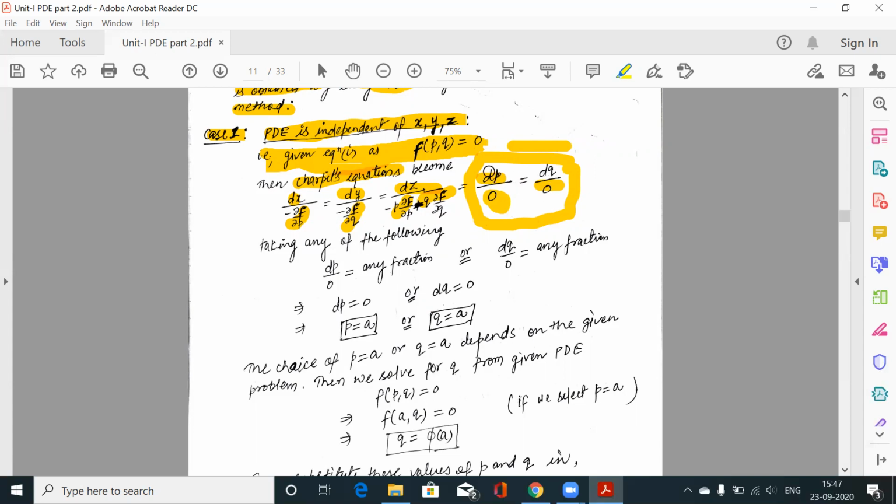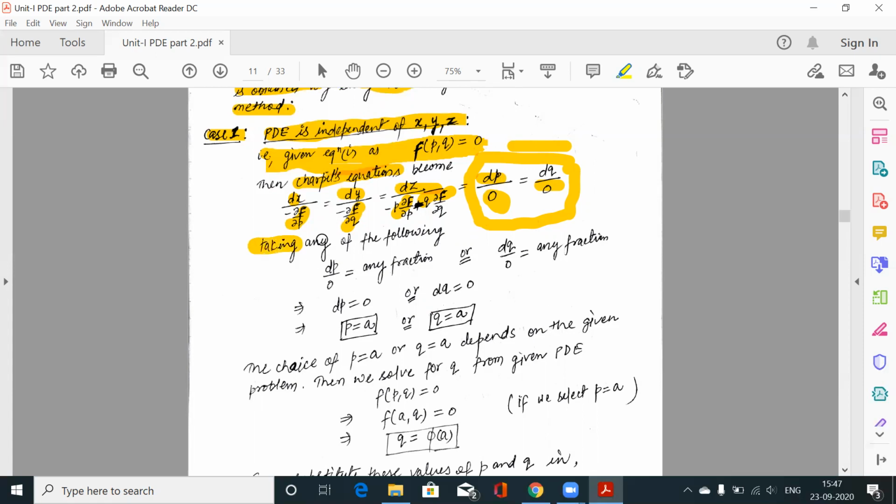If we take this dp over 0, simply by taking this fraction equal to any of the fractions, this 0 will convert that fraction to 0. So dp is equal to 0. Similarly, if we take any fraction equal to dq over 0, this 0 will again convert the fraction on the left hand side to 0. So dq is equal to 0.